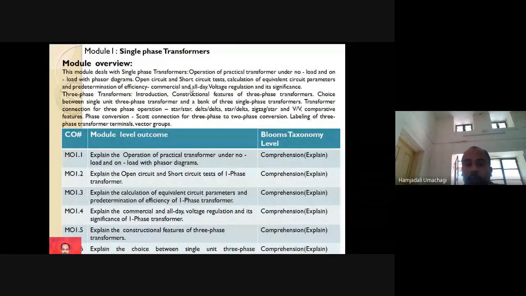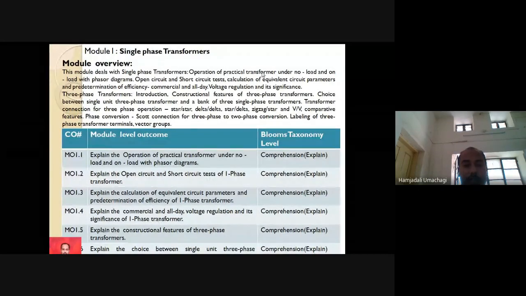Then commercial and all day efficiency, voltage regulation and its significance. So the whole thing is your single phase transformer syllabus.